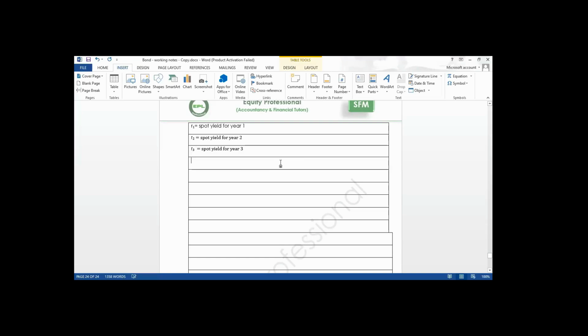First, the formula for forward rates. Let us state the formula for forward rates.